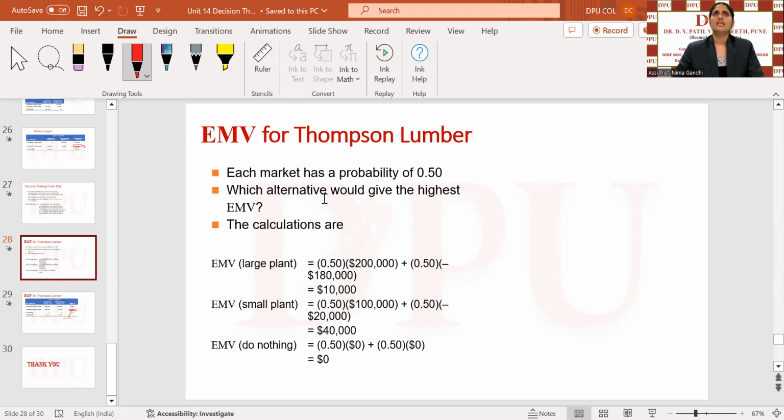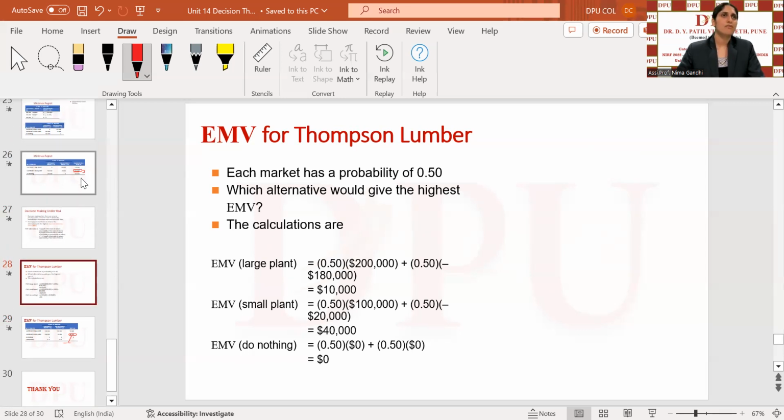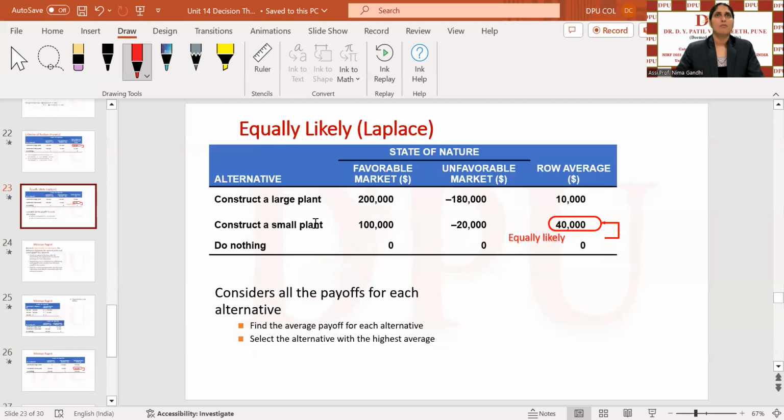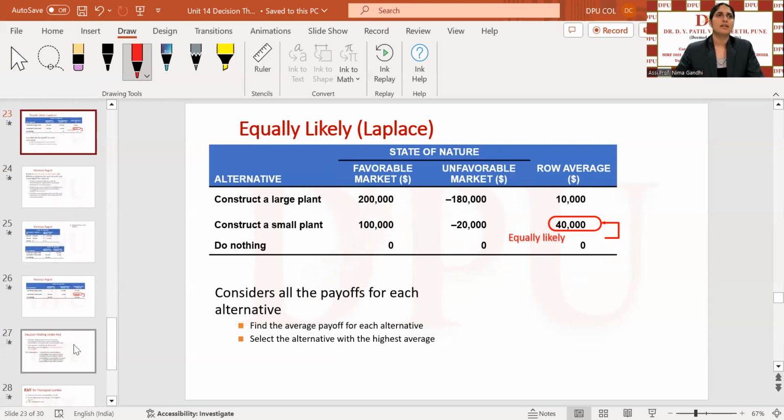Which alternative would give you the highest EMV? You have to do the calculations: 0.5 into 2 lakh plus 0.5 into 1,80,000, then 0.5 into 1 lakh plus 0.5 into minus 20,000.